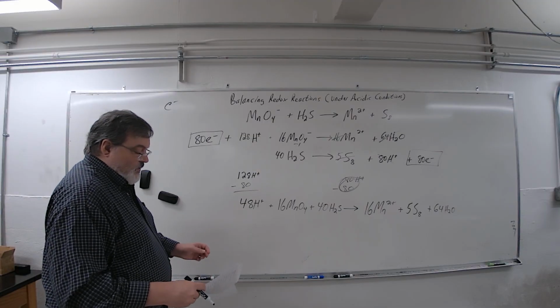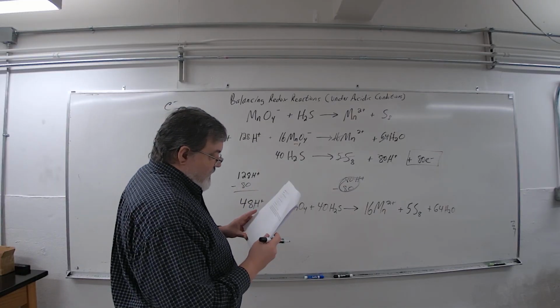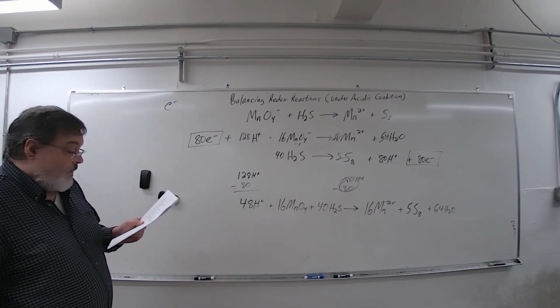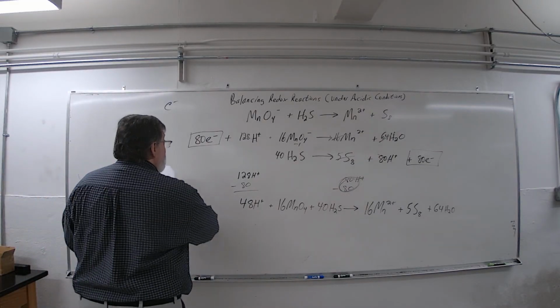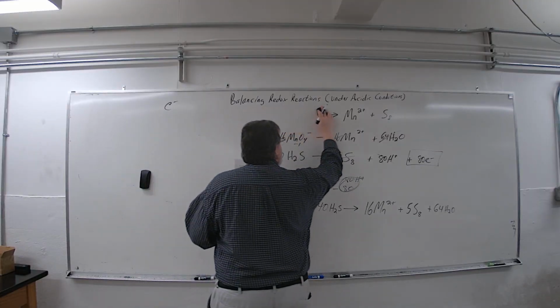I would probably stick to ones of these that have smaller numbers. I'm just testing your ability to go through this, not your ability to multiply numbers together. All right, one more, reasonably low numbers.